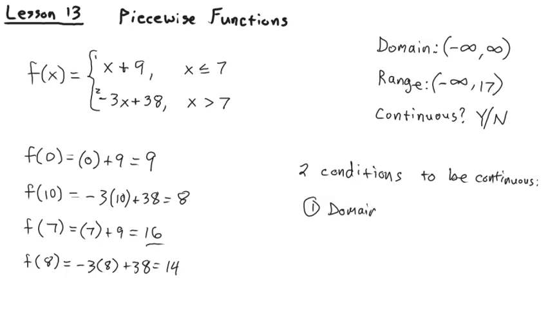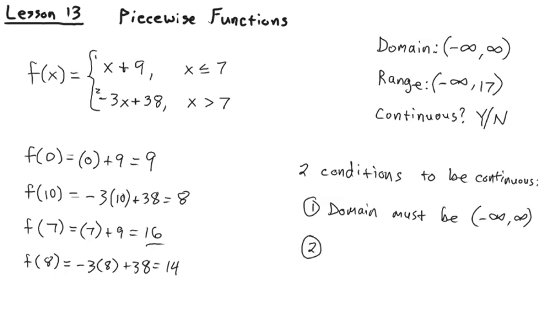The domain must be negative infinity up to positive infinity. Now, there are exceptions to that in other kinds of functions, but in the realm of polynomial functions, where we are right now, this is our condition. The domain has to be negative infinity to positive infinity.